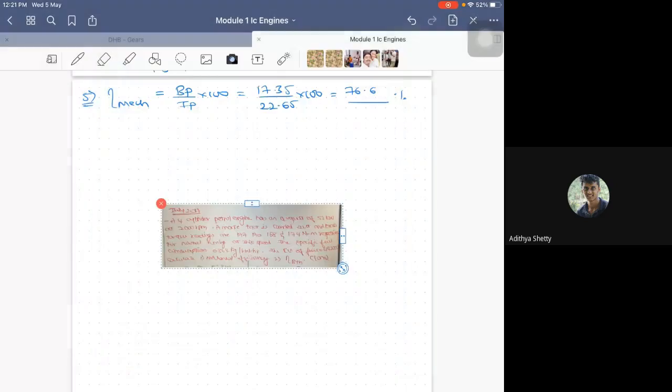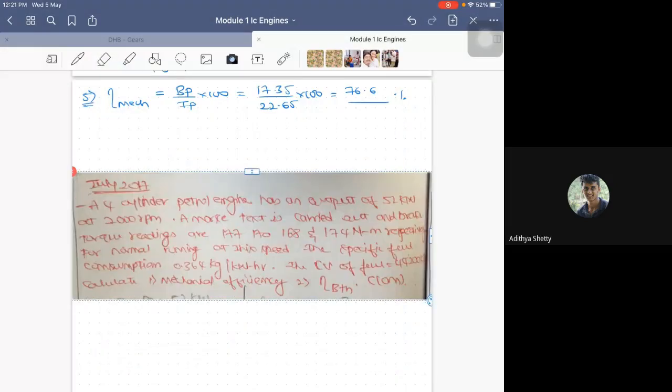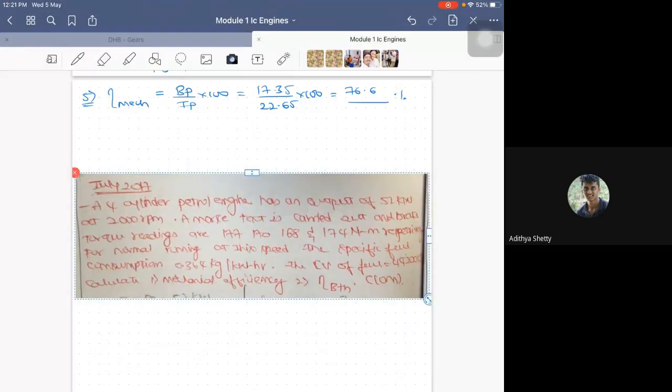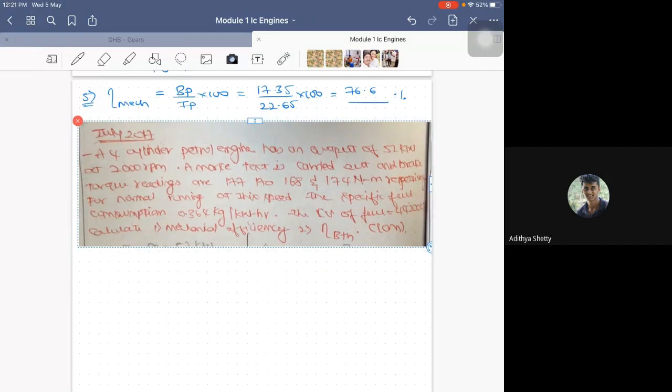So this is also a question on the Morse test, and it is very, very easy. Just try this. Just take a screenshot if possible. I would be checking randomly in the next class. So everyone should solve this and come for the next class.